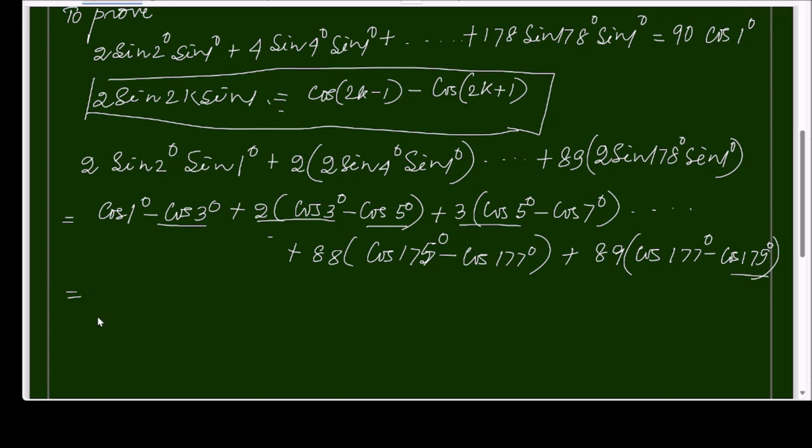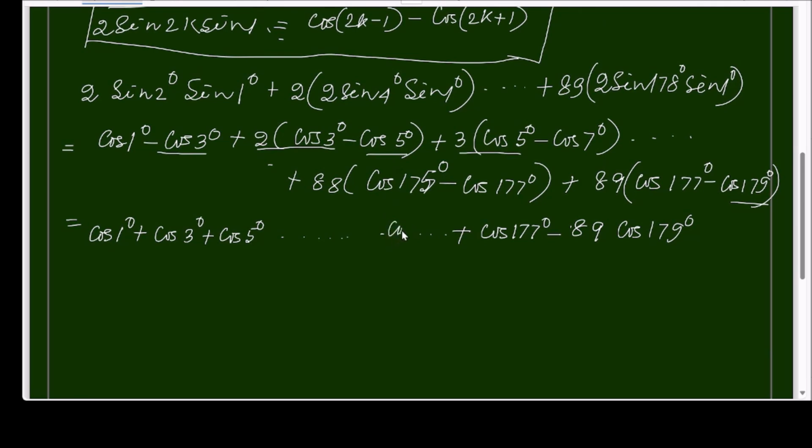So the ultimate result is cos 1 degree plus cos 3 degree plus cos 5 degree, and so on, up to cos 177 degree minus 89 times cos 179 degree, and before that certainly it will be cos 175 degree.